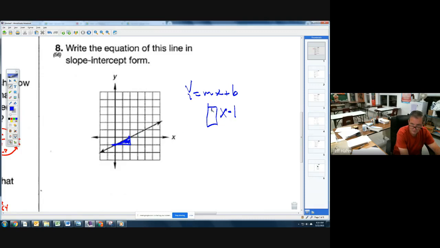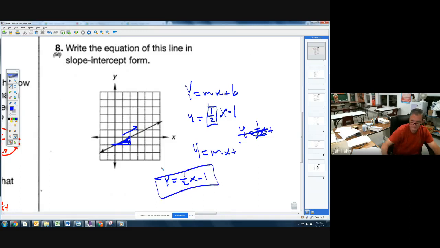It is 1 high over 2 wide. So y equals that, and it's positive slope because it's going uphill. So your answer is y equals 1/2 x minus 1, your whole equation for that.